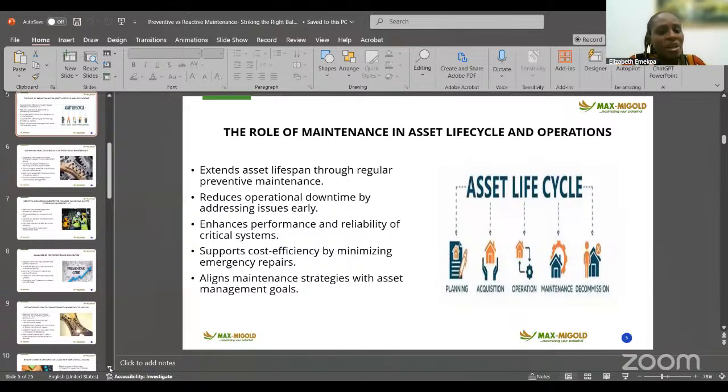Ensure performance and reliability of critical systems. This is just simple. When we carry out a preventive maintenance plan on our assets, all these things that are listed there, we would not have emergencies. Okay, we don't have to start running around for something wrong.